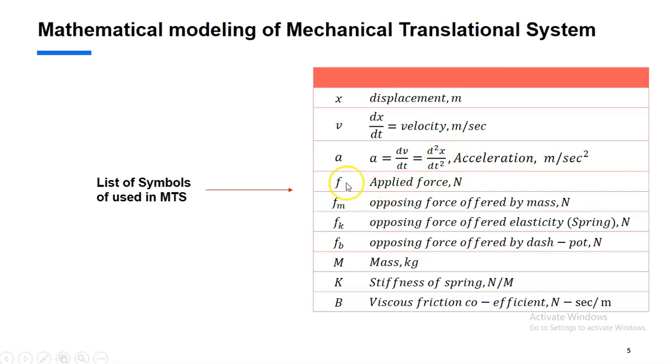We are using the notations F, Fm, Fk, Fb, which represent the applied force and opposing forces. M, K, B are the constants: mass, stiffness of the spring, and viscous friction coefficient. You can find these symbols in the modeling of mechanical translational systems.